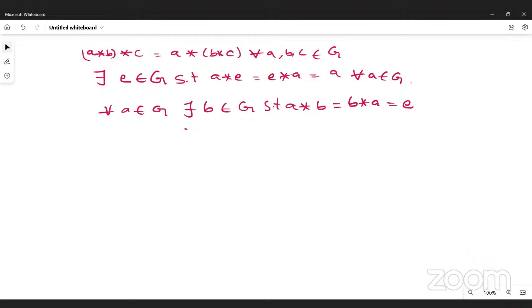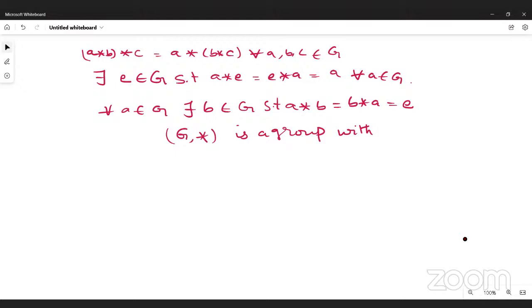We say that this G along with this binary composition is a group with respect to star with these three properties.